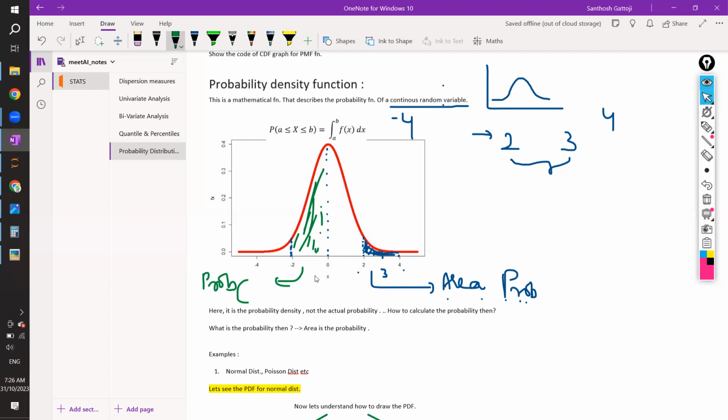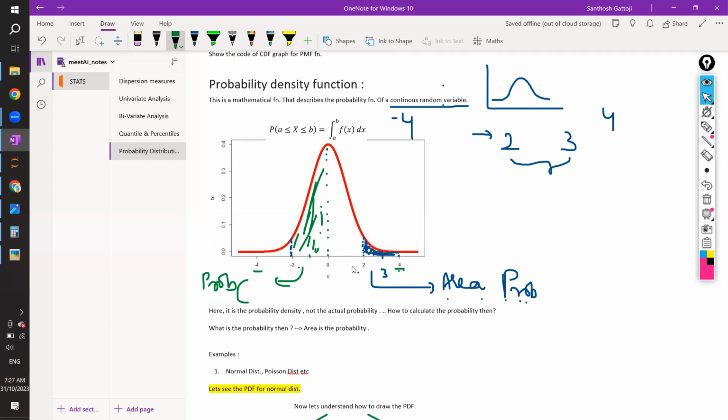Because this random variable ranges from -4 to 4, sometimes it might be -4, -3, -3.5, -2, any value possible between -4 and 4. We don't know how many values are falling between -2 and 0, we don't know the distribution.